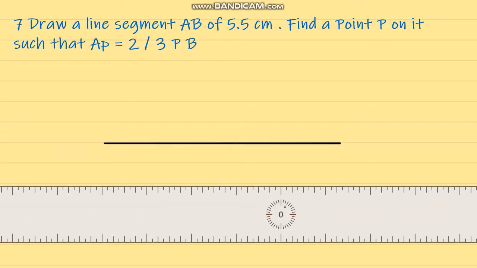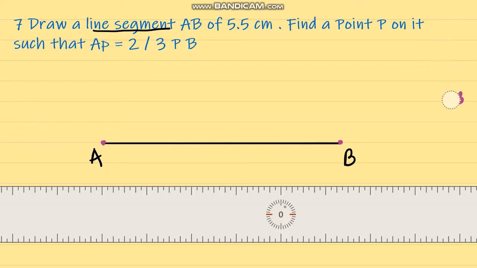Now let us say that this is a line segment AB of length 5.5 centimeter. Now on this line you have to locate a point P which divides AB in the ratio 2:3. This is what we have to do.